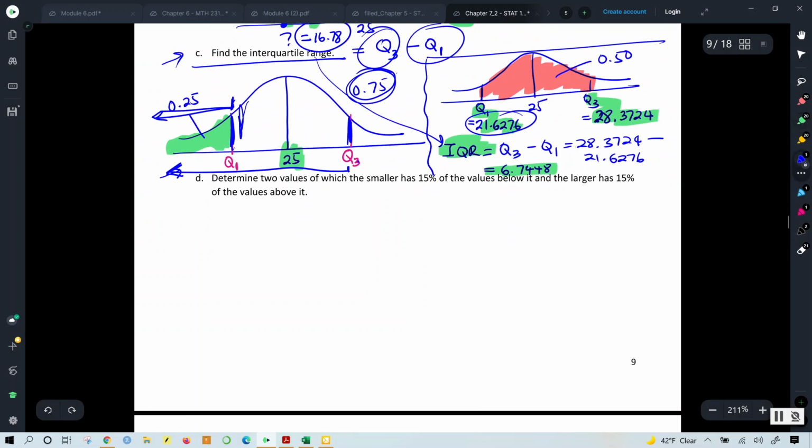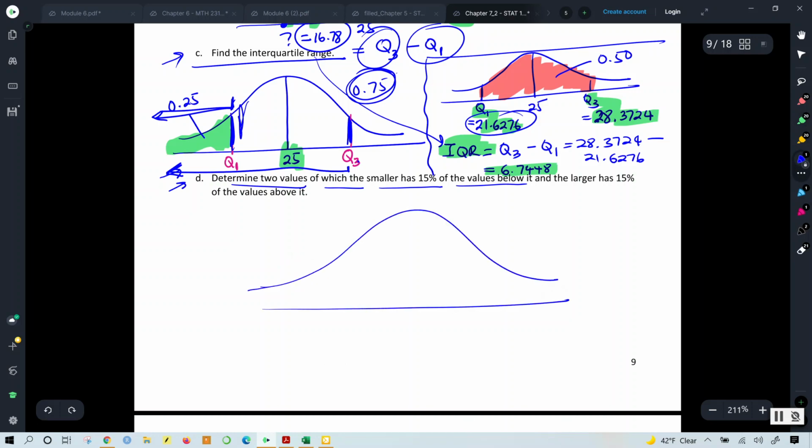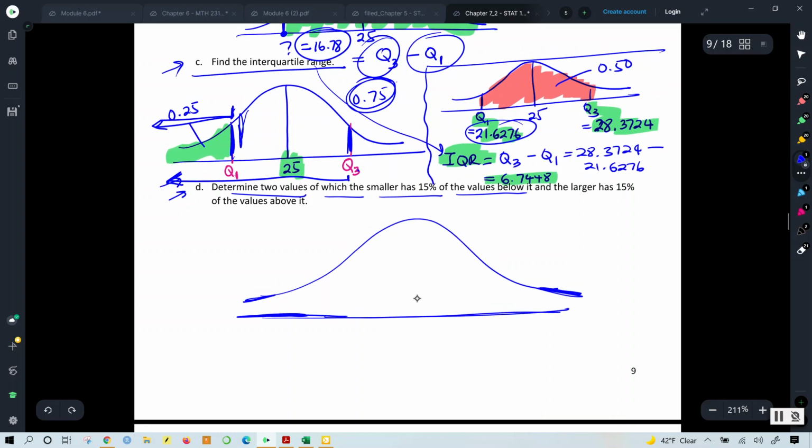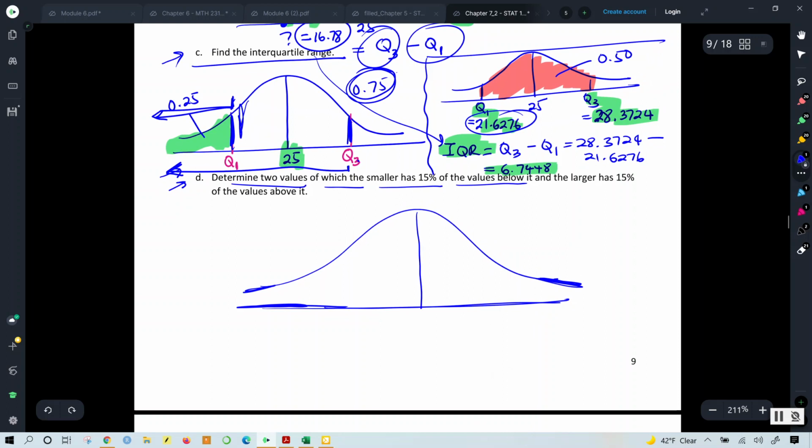Then question D tells us to determine two values, of which the smaller has 15% of the values below it. So we have the normal distribution, just not the best sketch in the world, but it comes close. The mean is still 25. And we are to determine two values, of which the smaller of the two values has 15% of the values below it.